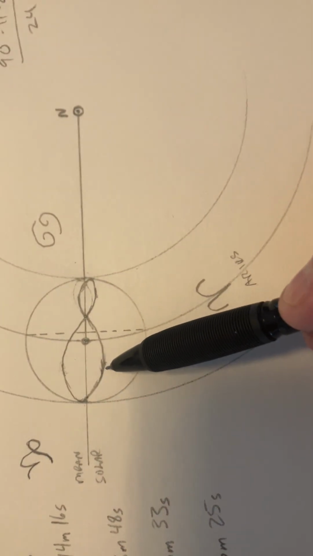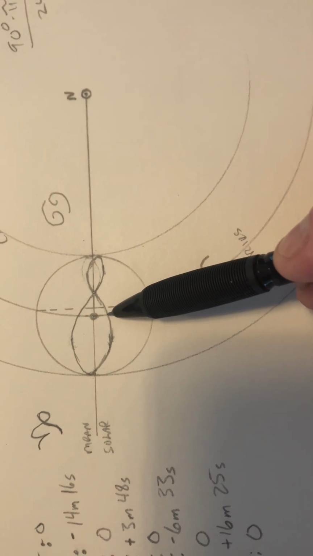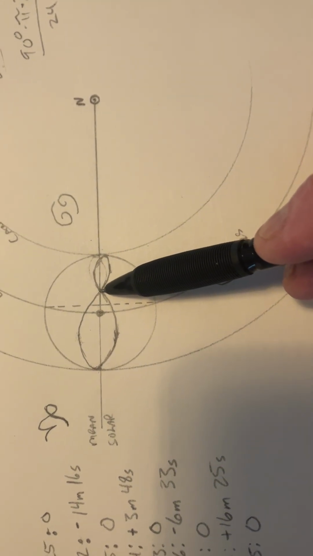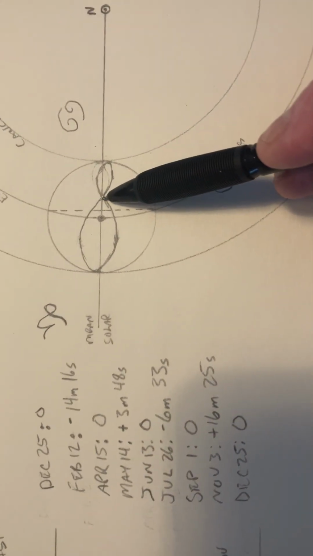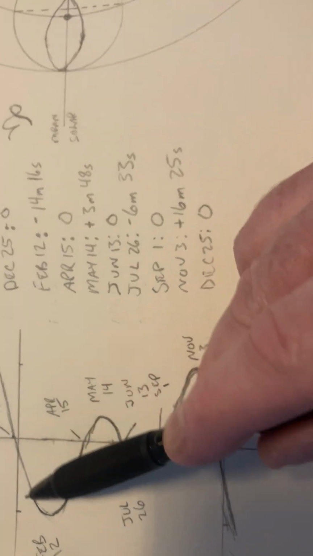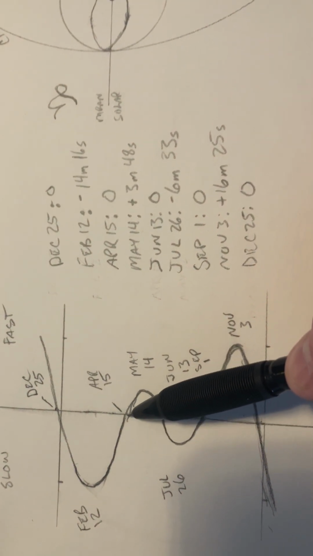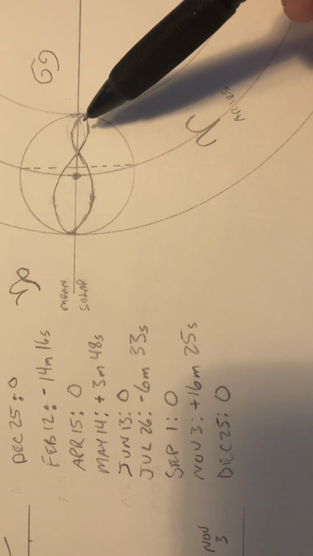Which is going to be this point on our analemma as we're making our rotation. And then we're going to have our equinox in March. Just past March, we're going to have our crossing, which happens again on April 15th. So April 15th, which we coincide here. This is the peak position of our analemma again. And then our next peak, our fast peak over here, is going to be May 14th, which is plus 3 minutes, 48 seconds.